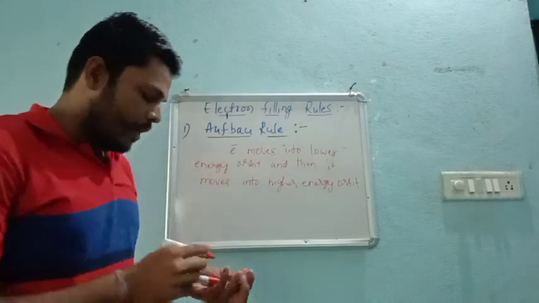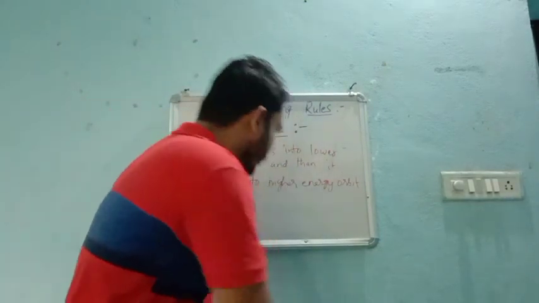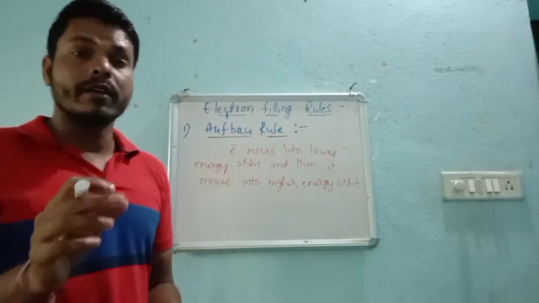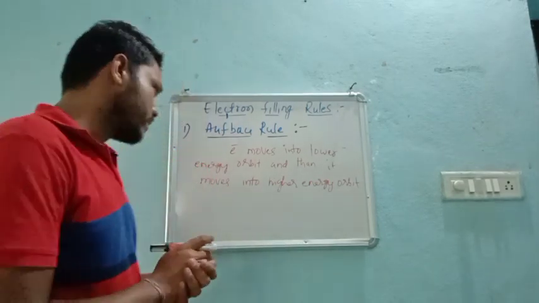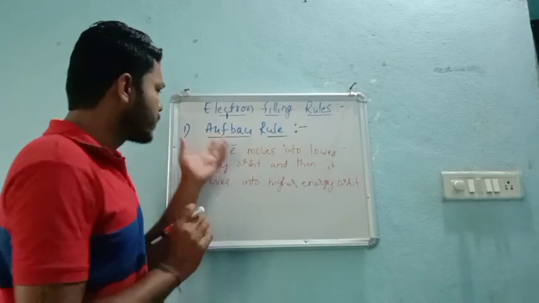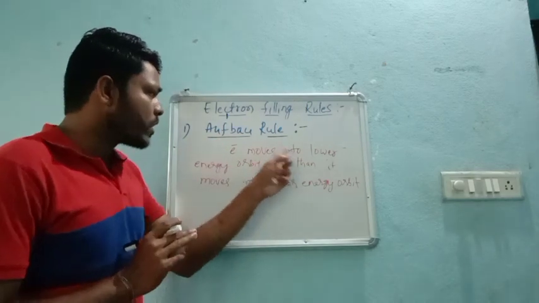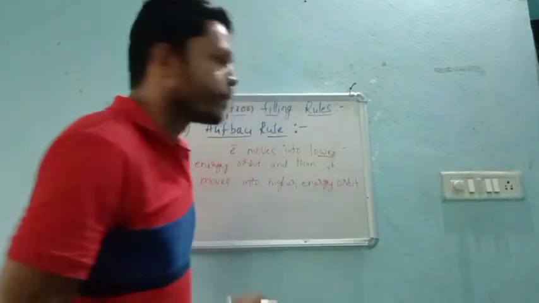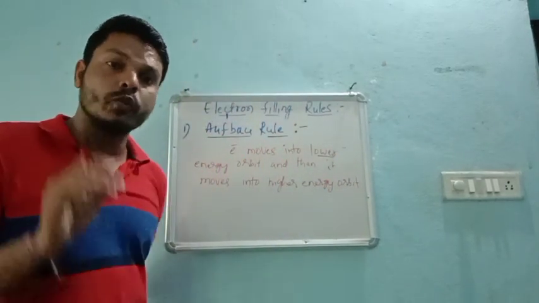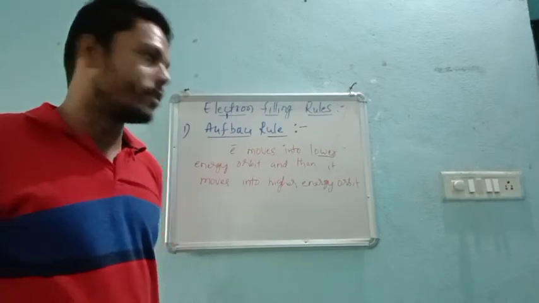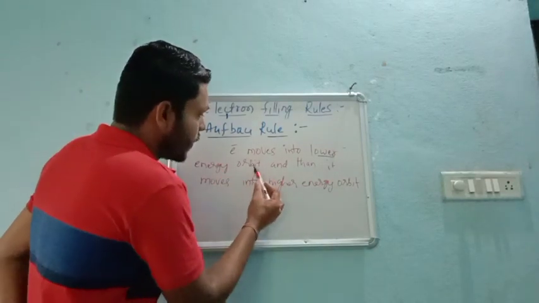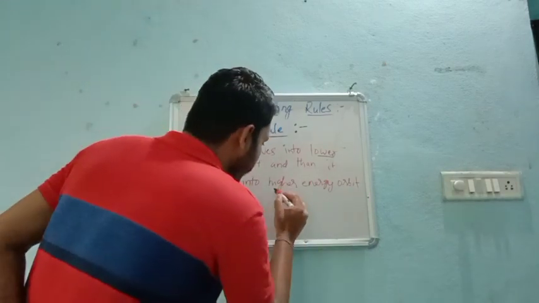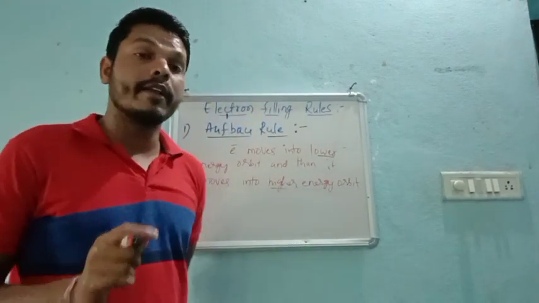So this statement explains how the electron enters into the different suborbitals. The electron first enters those orbitals which have low energy, and then it moves into higher energy orbitals.